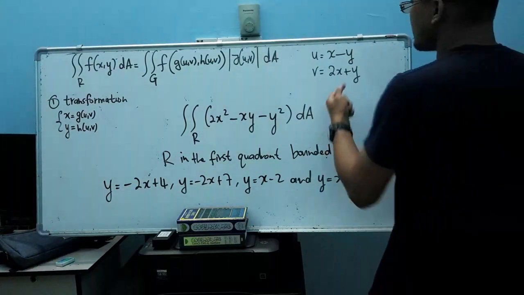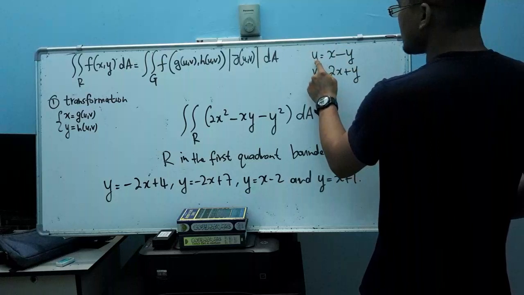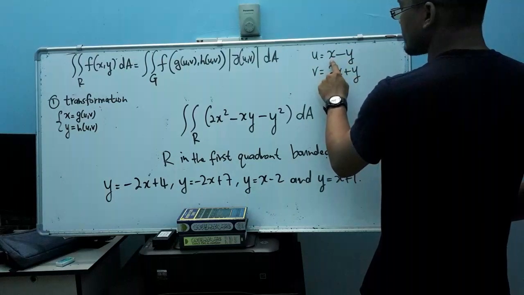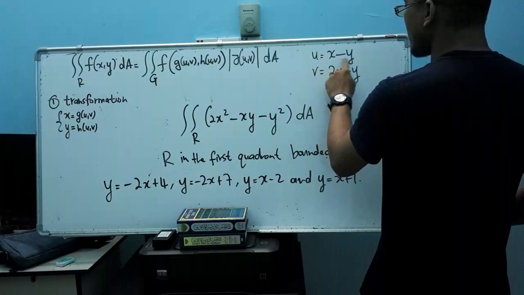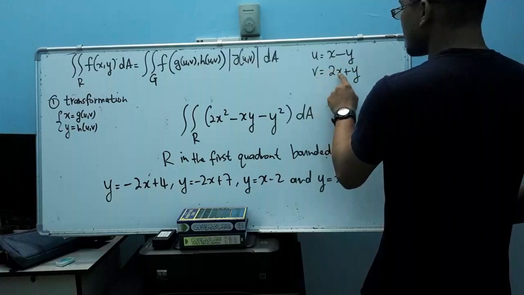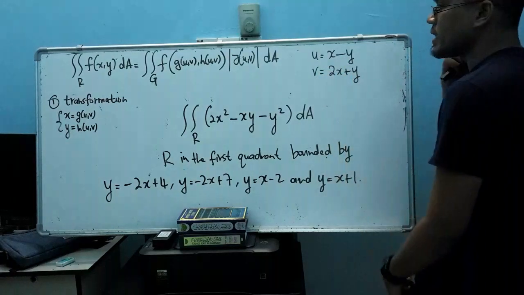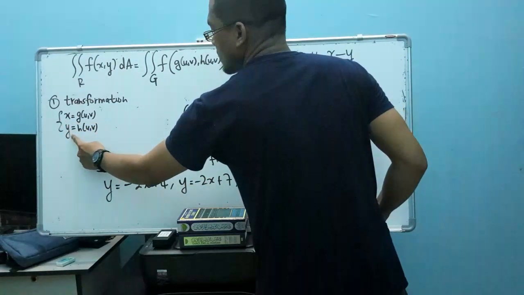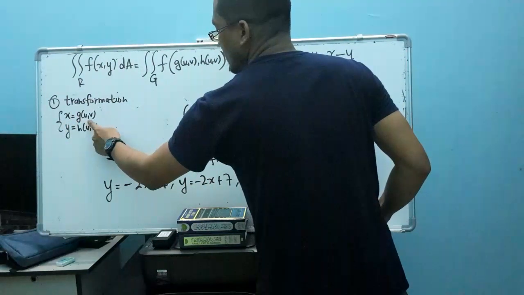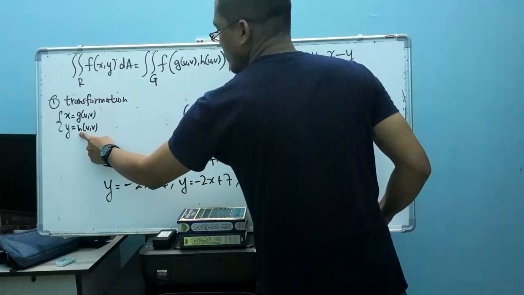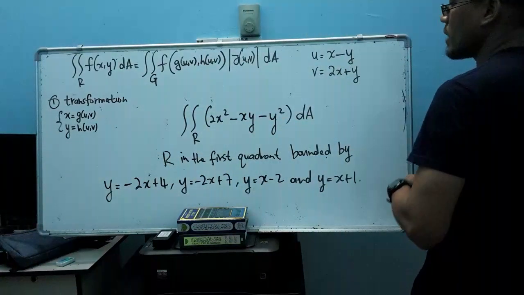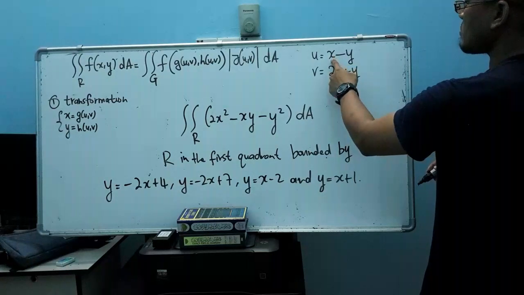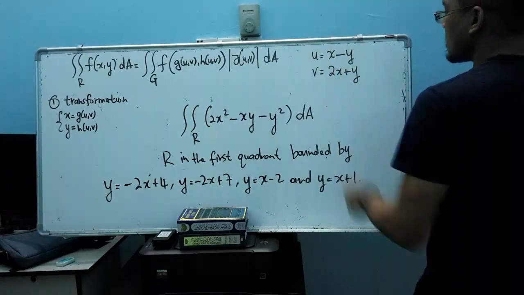Since my transformation here is not in terms of x and y, I need to find what my x and y are, as functions depending on u and v, from this transformation.